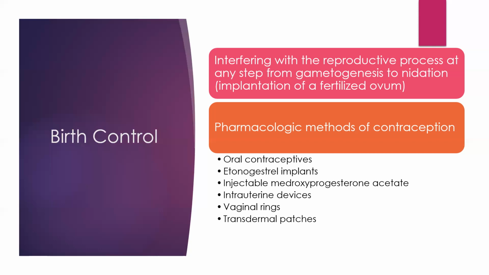So after sterilization, we've got diaphragms, we've got periodic abstinence, that one never works, IUDs, and then other techniques which account for a small fraction of birth control use. So several factors we want to consider when we're deciding what type of birth control we're going to use.